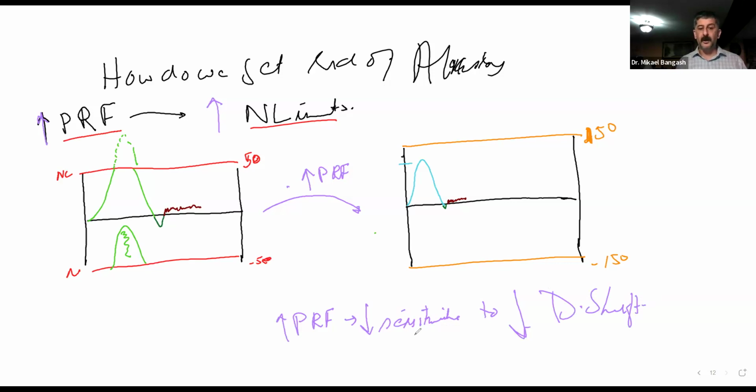What we mean by being less sensitive is that it will not respond as well to low Doppler shifts as it did when we had a low PRF or a low scale.